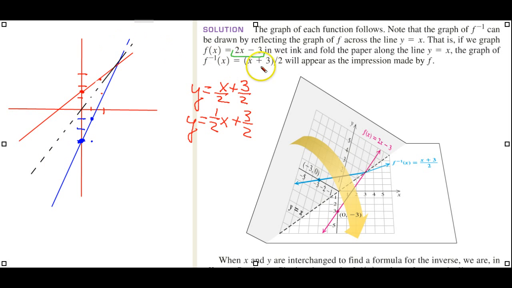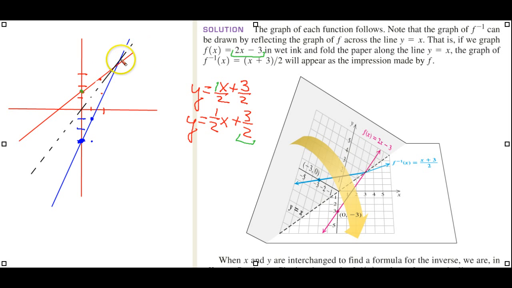And now the inverse of it, and I wrote it as y equals x over 2 and 3 over 2. And then I made this into 1/2 x plus 3/2. To graph it, I went up to my y-intercept, which was 1.5, which is right there. And then I went over 2 and up 1, and that gave me this line.